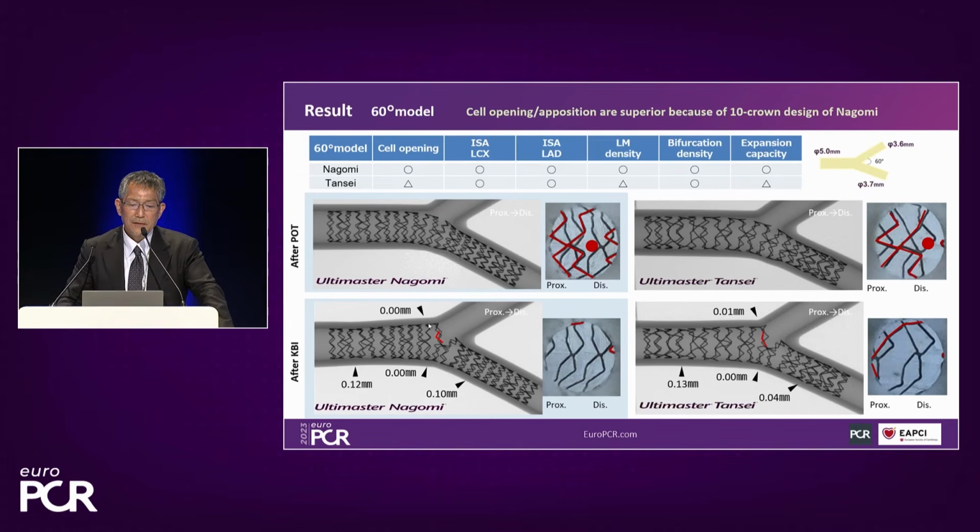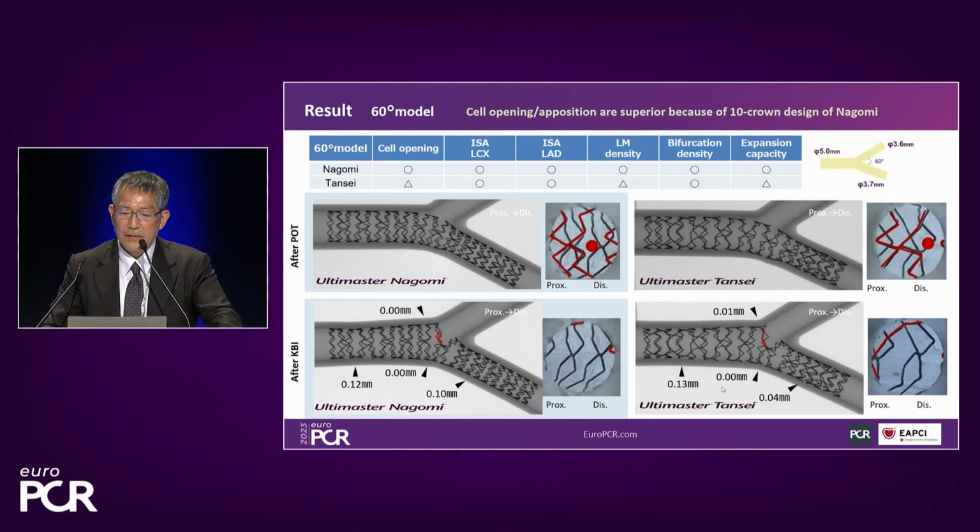After kissing balloon rotation, the Ultimaster Nagomi completely fits this bifurcation model. But unfortunately, the Tansei is a little overexpanded around here. Also at the side branch ostium, we can see overlapped struts like this.